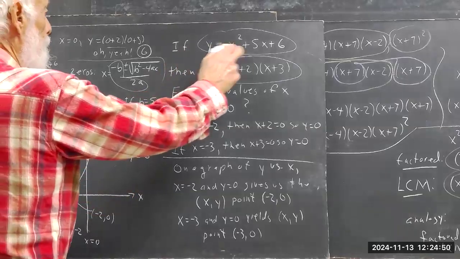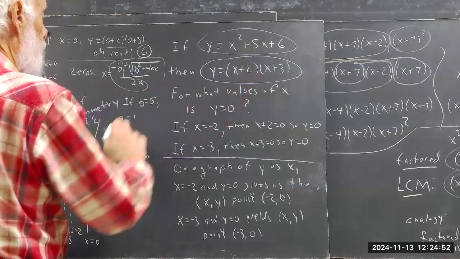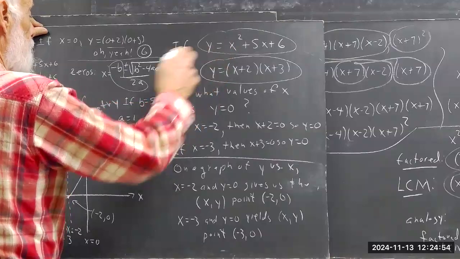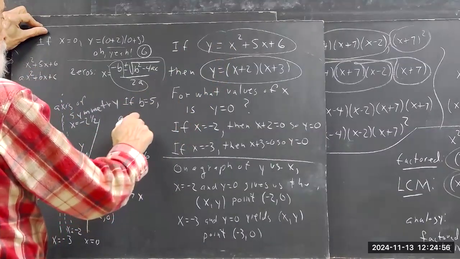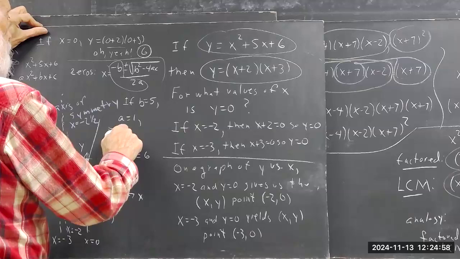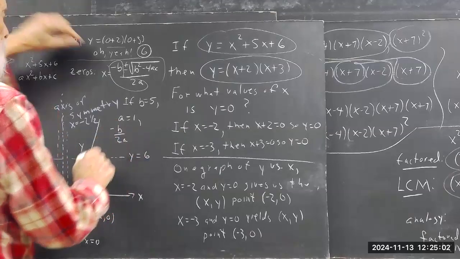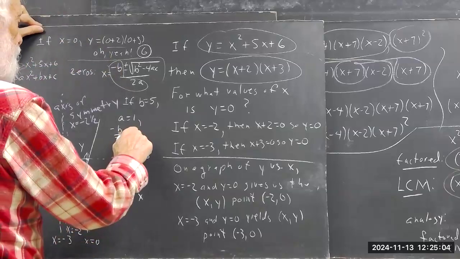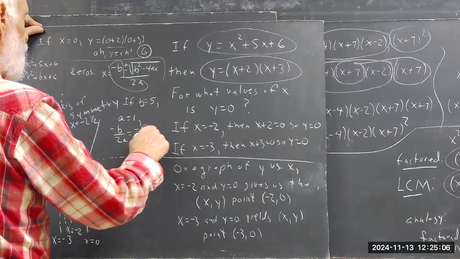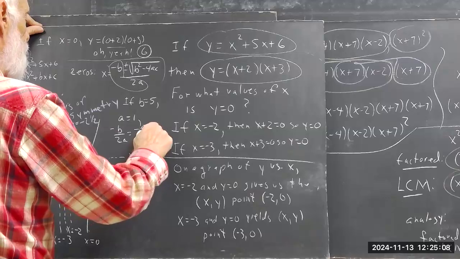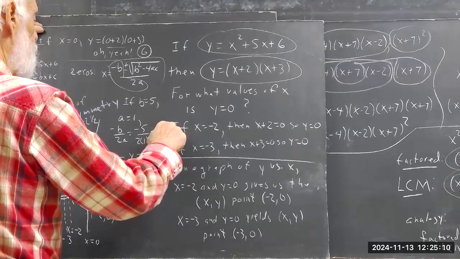For this, b is the number in front of x, that's 5. A is the number in front of x squared, that's implicitly 1. Negative b over 2a is -5 over 2 times 1, which is -2.5.